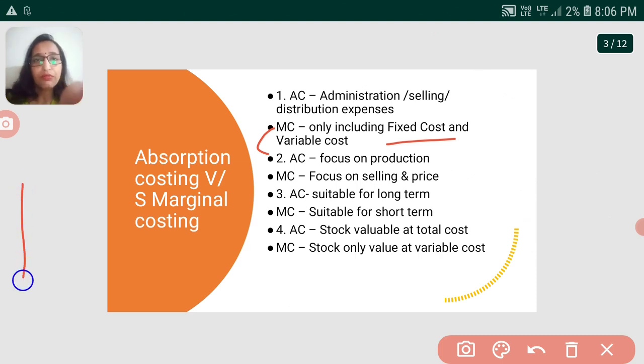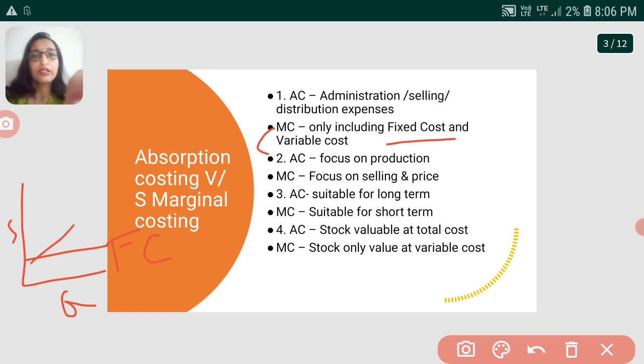See the diagram here. This is the quantity, this is the sales. This is the fixed cost, and this is the total cost.